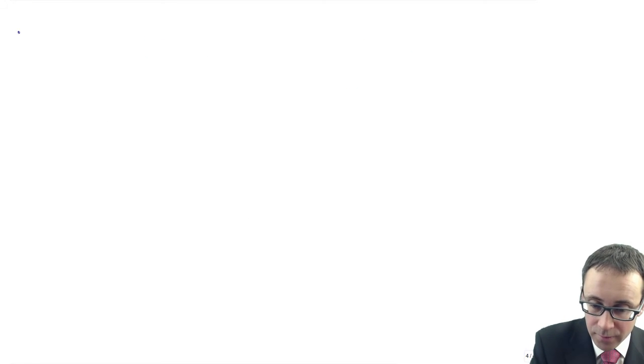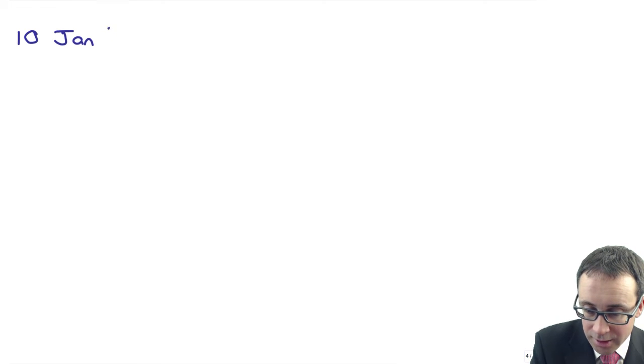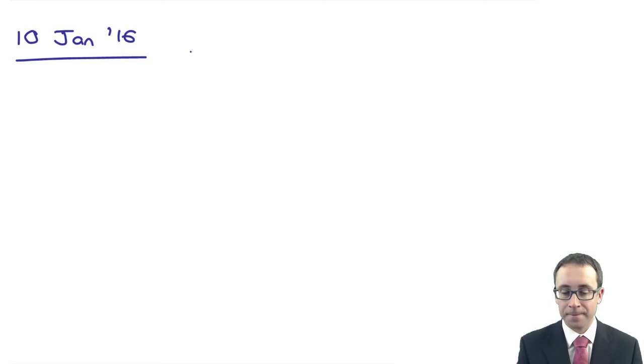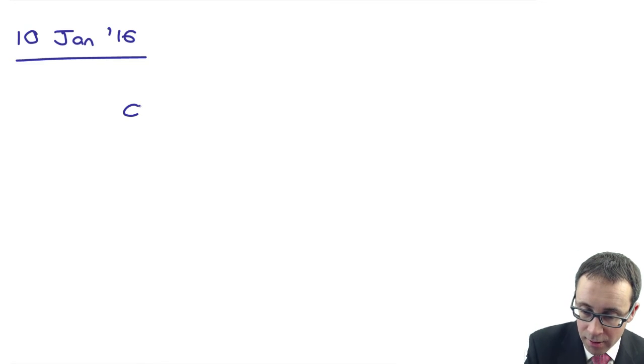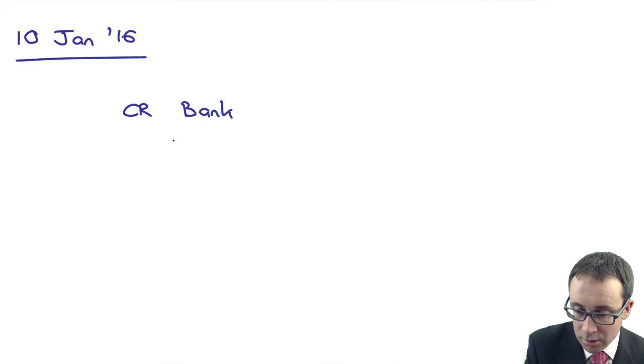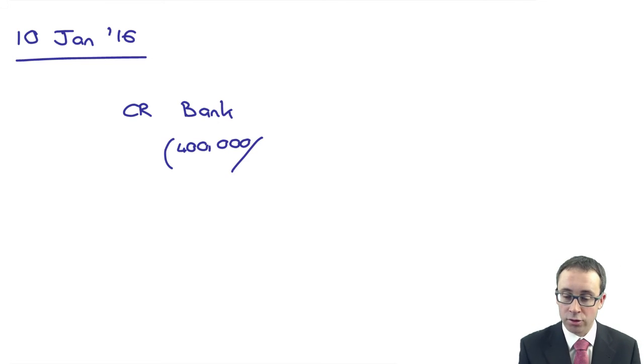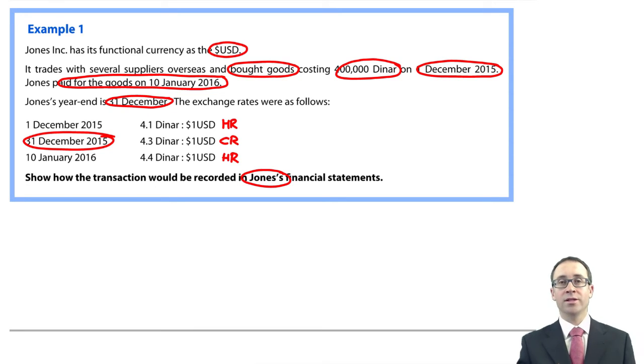Then what you've got is the 10th of January 2016. That's when we pay the cash, isn't it? Okay, so what we're going to have is a credit entry to the bank. So we pay 400,000 dinars, but to get the dollar amount, we need to look at the rate in place on that date.